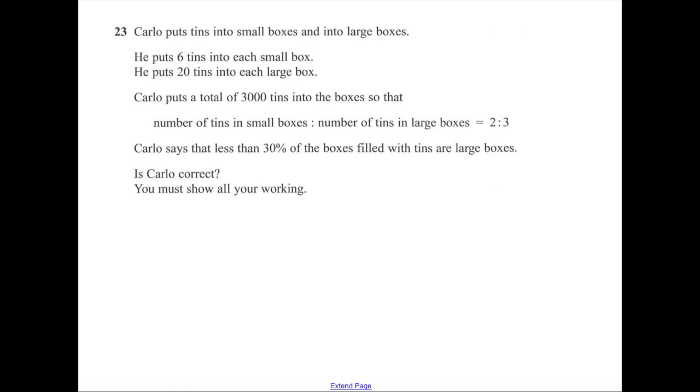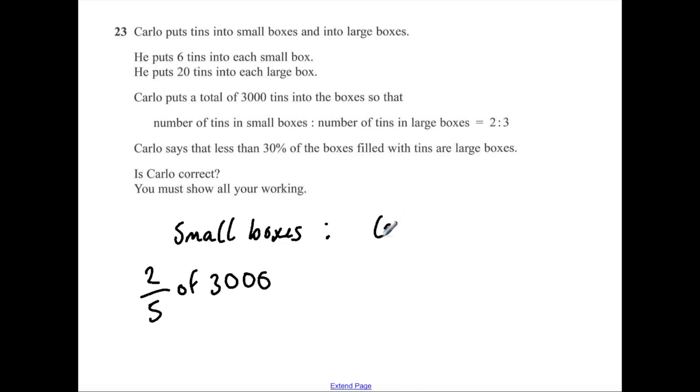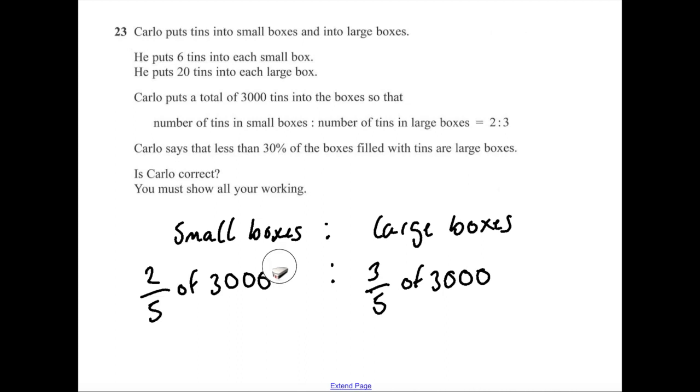Now to work out the number of tins in small boxes and large boxes, what we need to do, let me write down small boxes, is to work out what 2/5 of 3,000 is, and large boxes, three-fifths of 3,000.